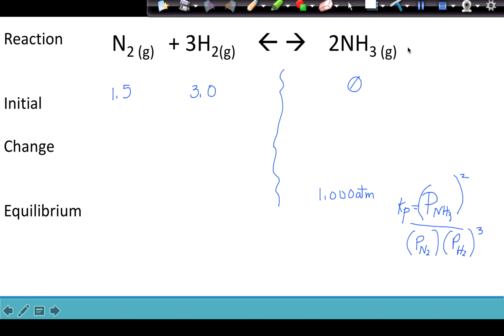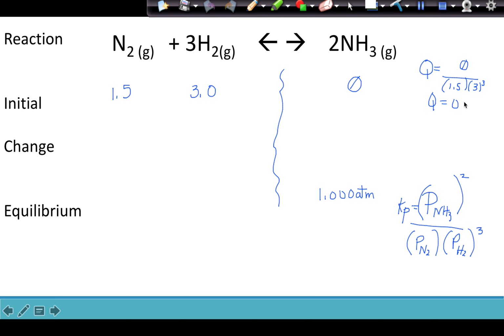The first thing that we want to do before we put in our change is ask the question of Q, and we wind up with 0 over 1.5 times 3 cubed.